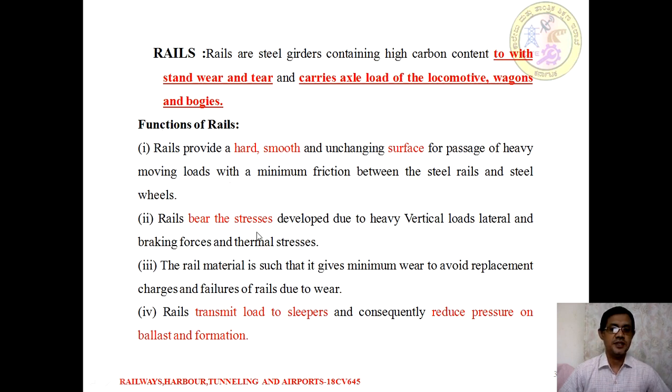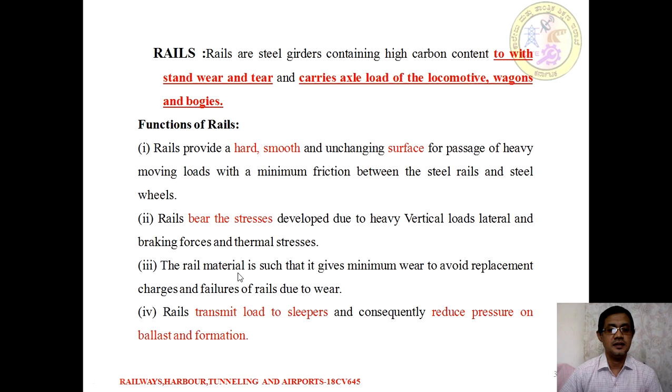The rails bear the stresses developed due to heavy vertical load, lateral and braking forces, and also thermal stresses. It means rails bear the axial load produced by the locomotive, wagon or bogies, the braking forces applied, and the thermal stresses induced in the members.